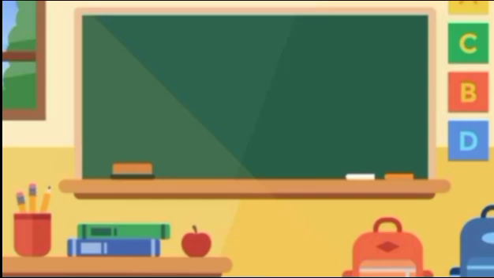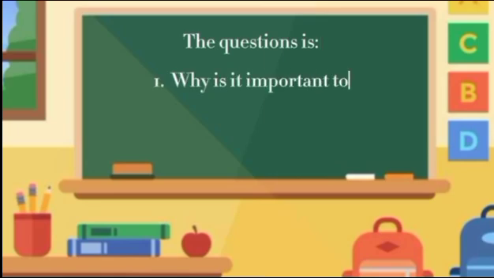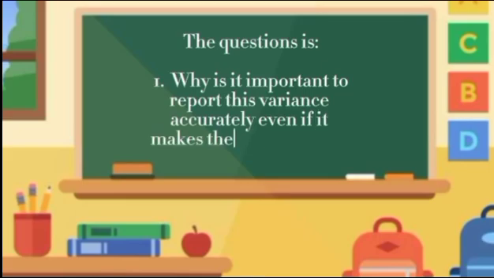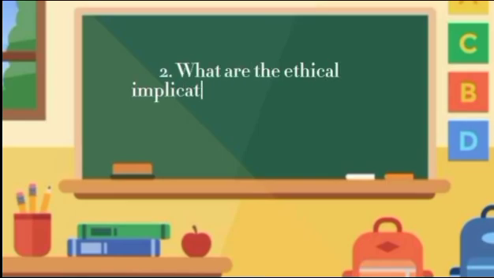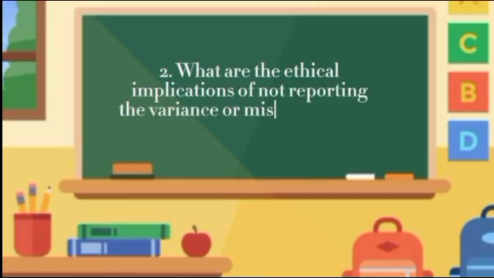The population variance in patient responses is very high. The question is, why is it important to report this variance accurately even if it makes the drug look less effective? Question number 2. What are the ethical implications of not reporting the variance or misrepresenting it?